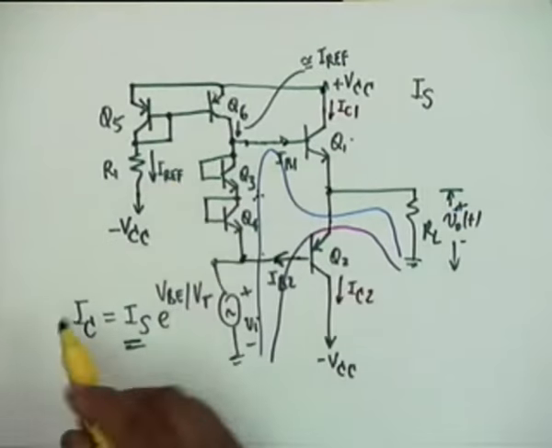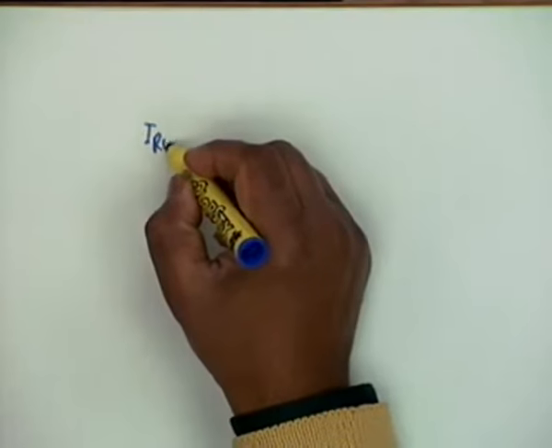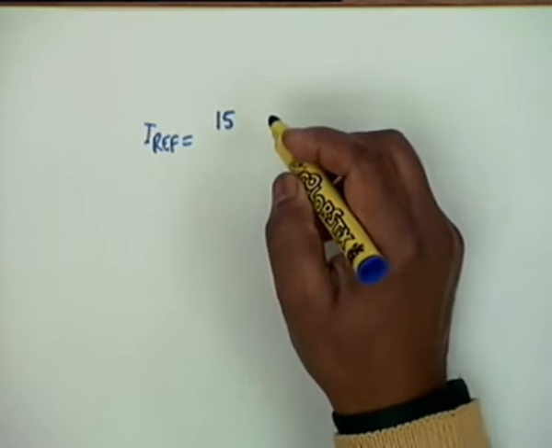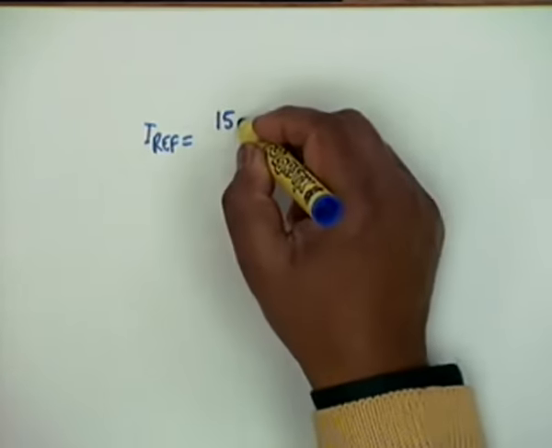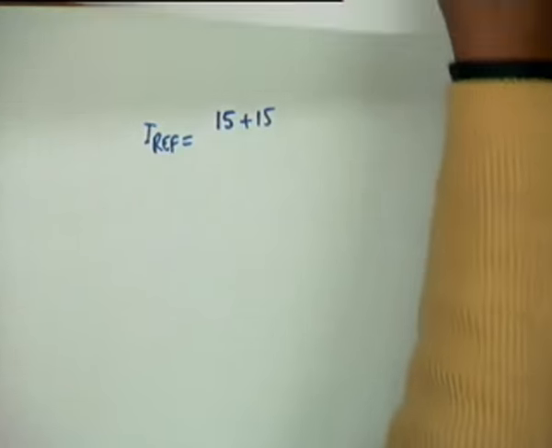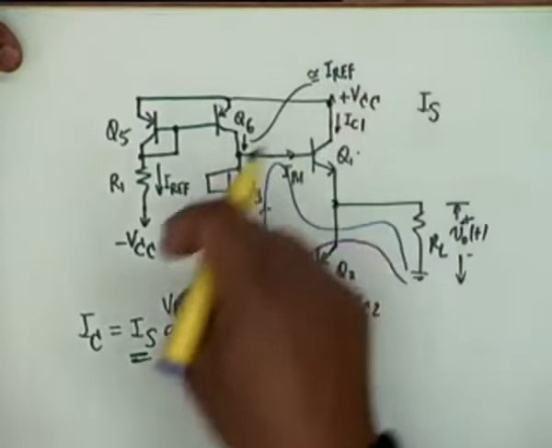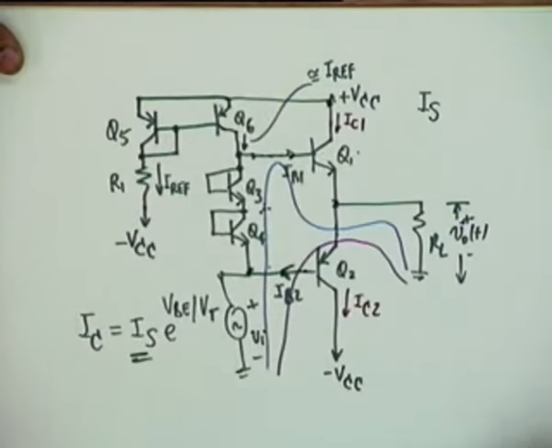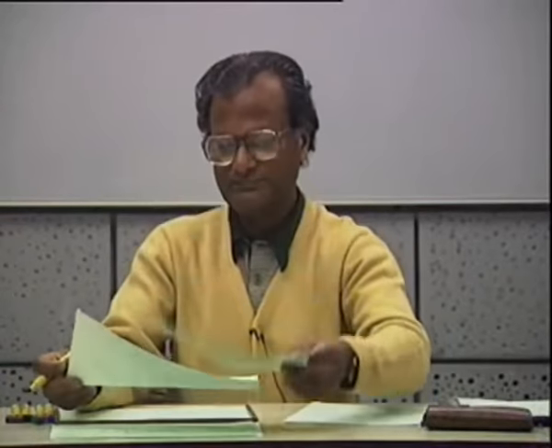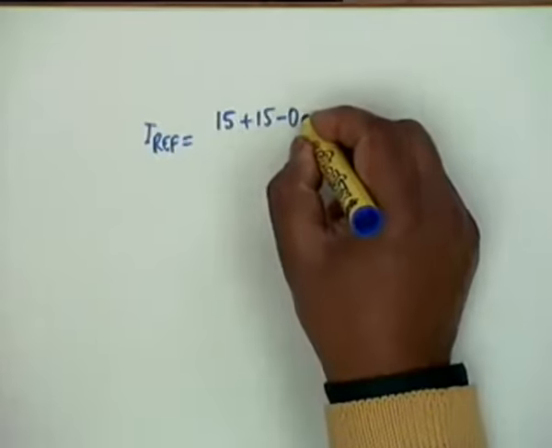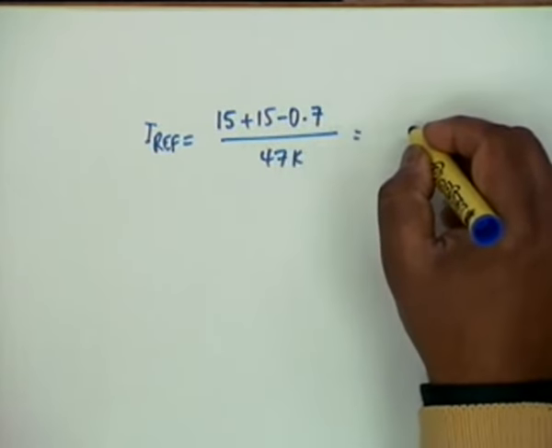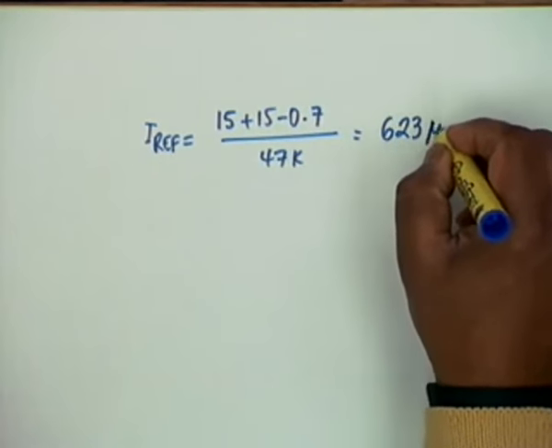The first thing we find is IREF, and IREF obviously is 15, VCC minus minus VCC, that is another 15, this voltage minus this voltage, minus 0.7, divided by R1, which is given as 47K, and this calculates out as 623 microampere.